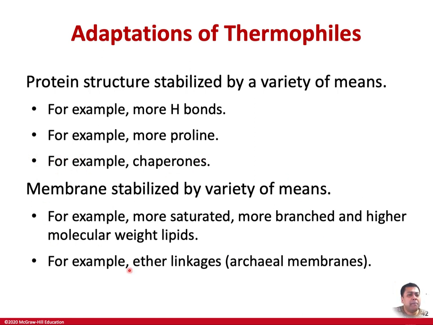Now, the membrane is stabilized by a variety of means. For example, there are more saturated, more branched, and higher molecular weight lipids. And there are also ether linkages in the archaeal membranes. If you remember, you have these phospholipid bilayers in the plasma membrane, where you have a phosphate head group and two fatty acid tails at each end of each leaflet.